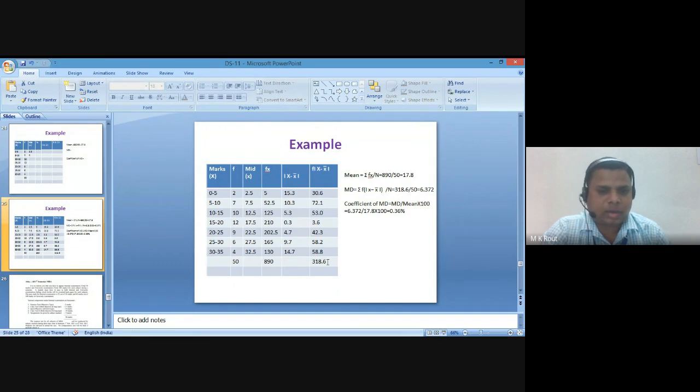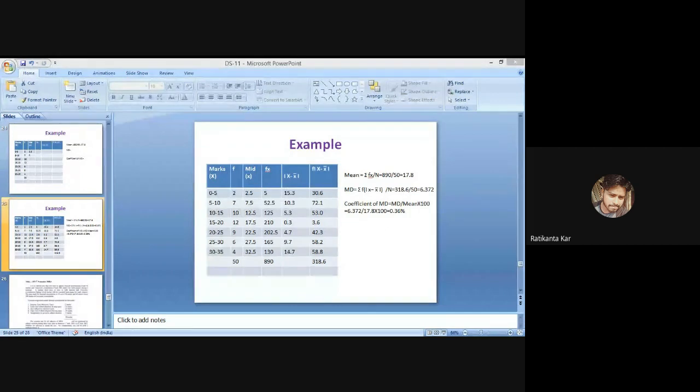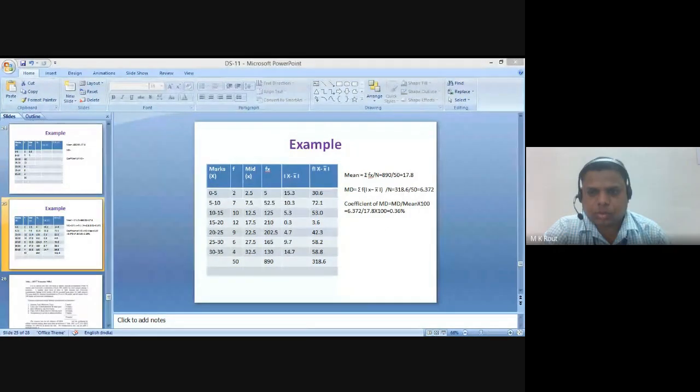Is it clear to all? Better you calculate your own. Ratikant Karo, what is your answer for the mean? My answer for the mean is 17.8. Good.